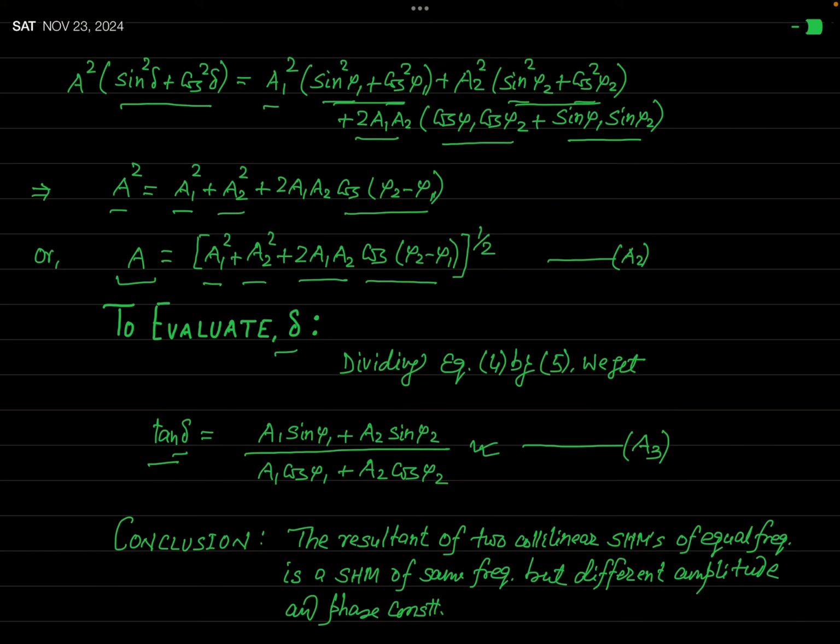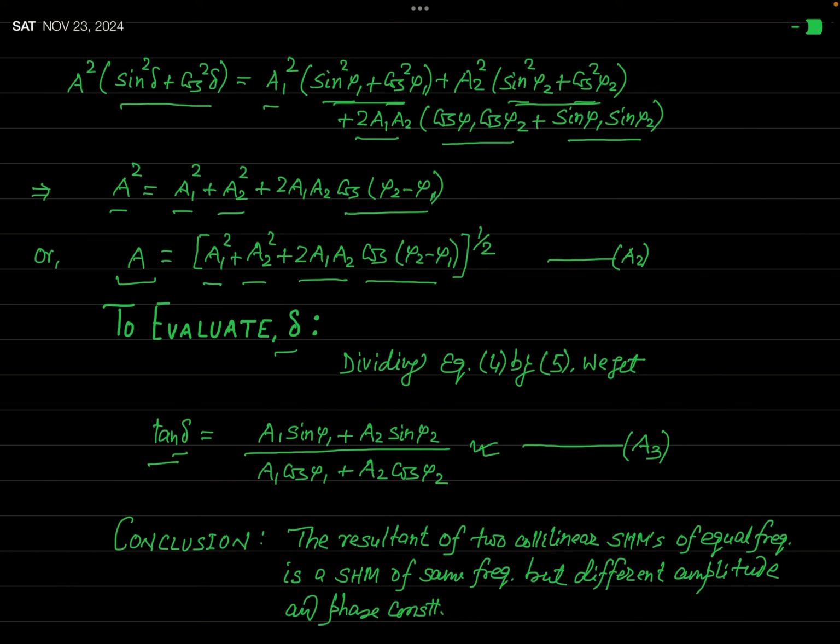Okay. So this was the analytical method, how we can obtain the resulting motion when two simple harmonic motions acting in the same direction get superposed and their frequencies are equal.